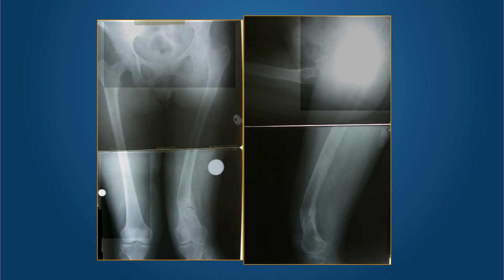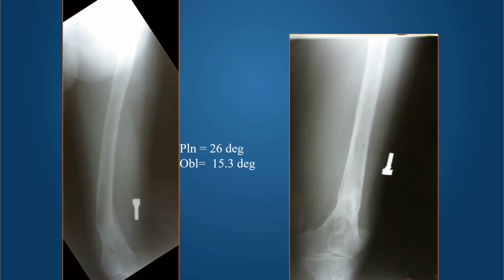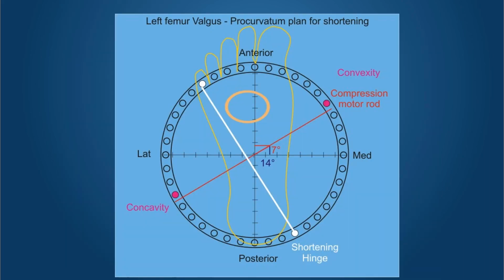In a similar manner, the valgus and procurvatum of the femur were resolved with the maximum oblique plane X-rays, which show on the left side the severe deformity, on the right side no deformity at all. And using the graphic method for the left lower limb, the outline of the femur in the anterolateral quadrant, we have drawn the angles of 7 degrees of procurvatum, 14 degrees of valgus, and the rectangle is completed.